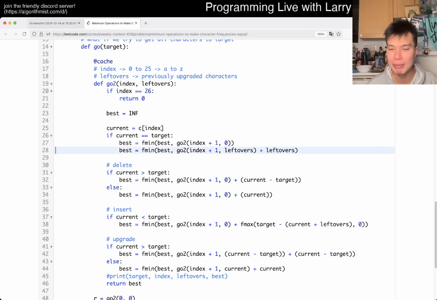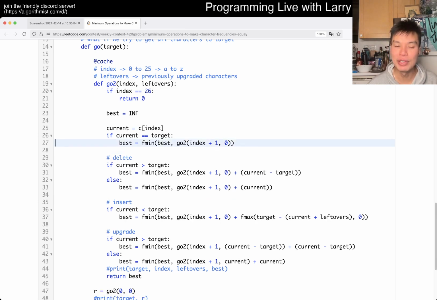And then you have to think about how many leftovers we should keep, and maybe you even have to do a for loop, which is just nuts, right? But we do not have to do it, because if we have to upgrade twice, meaning we have to carry the leftover twice, we should have just deleted and then inserted. So that's basically the idea for this part.